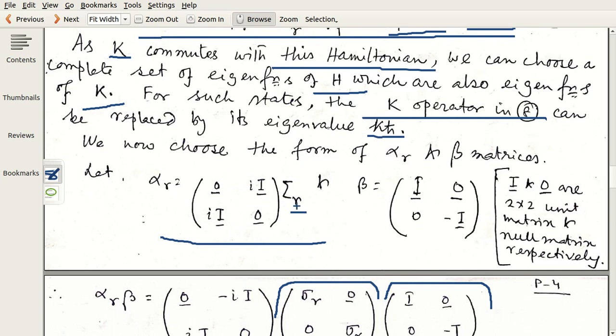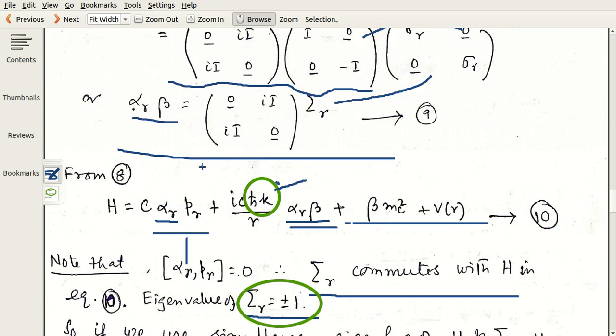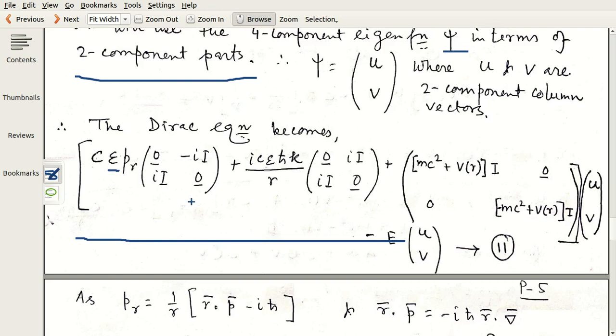In case of sigma r, we use its eigenvalue, plus minus 1, or epsilon. So epsilon into this matrix is our alpha r, and epsilon into this matrix is our alpha r beta.